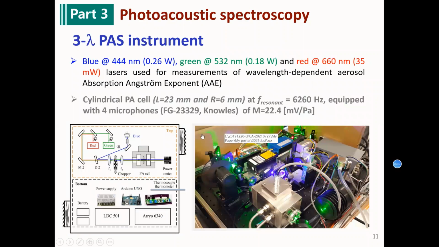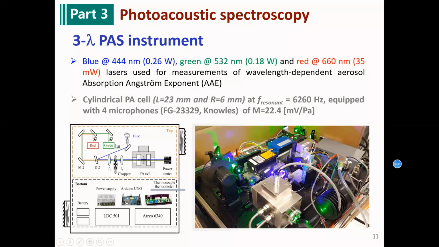And this figure shows the developed photoacoustic instrument with three wavelengths at 444, 532, and 616 nanometers. The three diode lasers are coupled together and pass through a photoacoustic cell. The photoacoustic cell is composed of a cylindrical resonator with a length of 23 millimeters and a diameter of 6 millimeters.